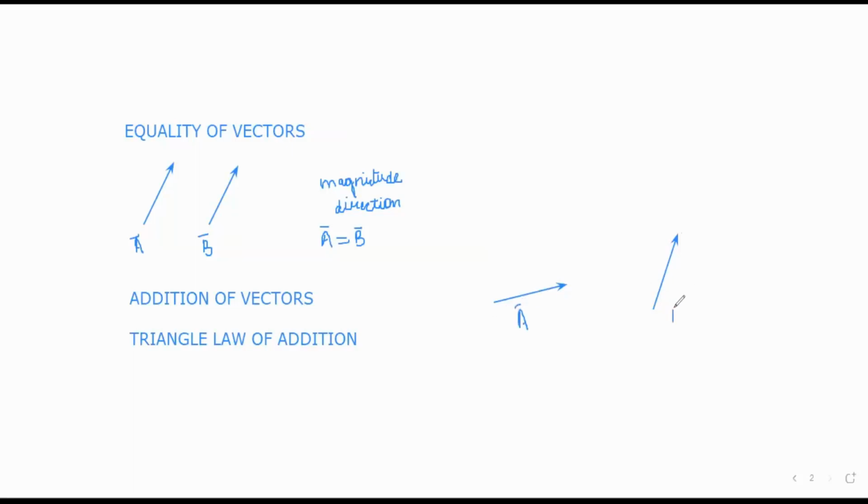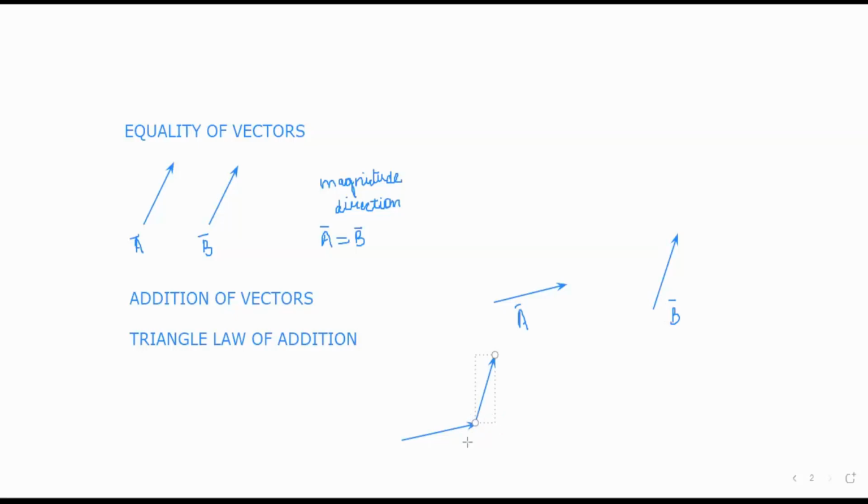So first we'll name them A and B. In the triangle law, we have to calculate A plus B. First we draw A. This is our A vector, and we shift B towards the A vector so that the tail of B coincides with the head of A.